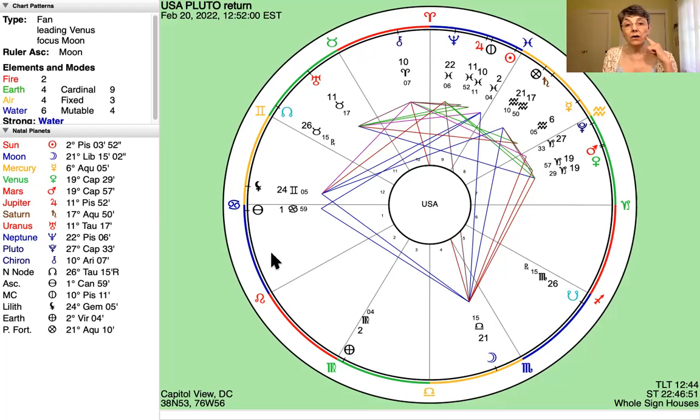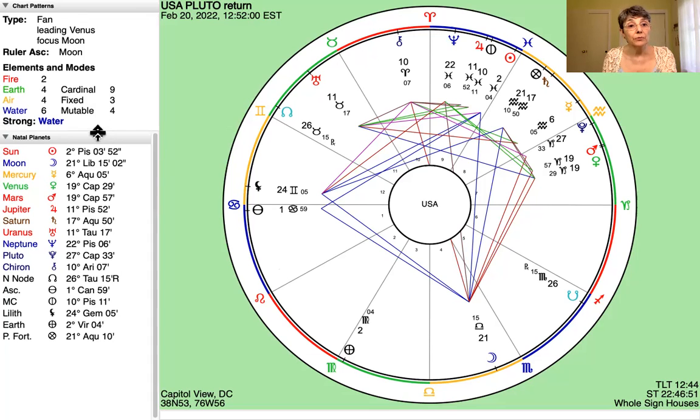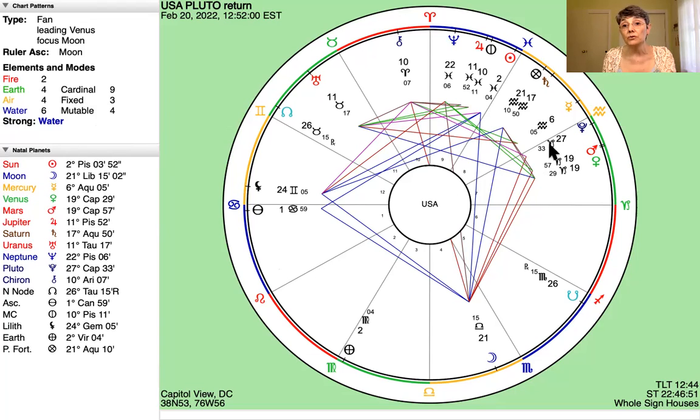For countries I use a whole sign house system because it has been working for thousands of years, and it works perfectly well. As you see, Cancer was the 8th house in the natal chart of the USA. Now it has come to prominence in this chart of the Pluto return.